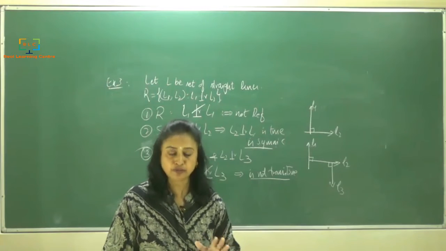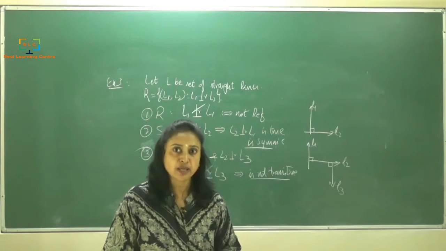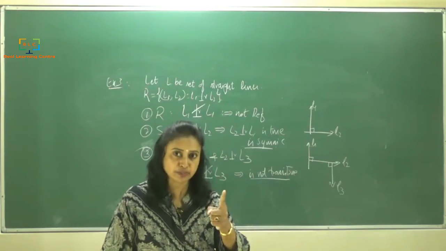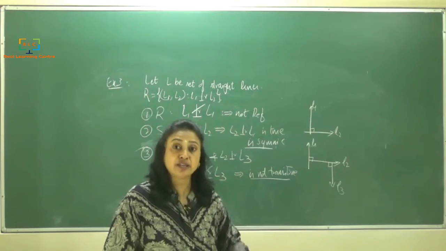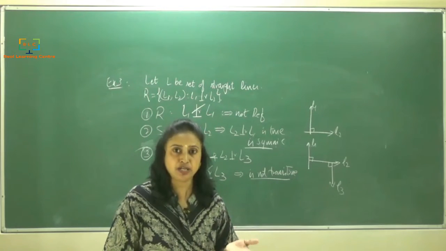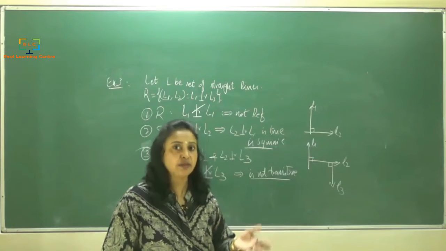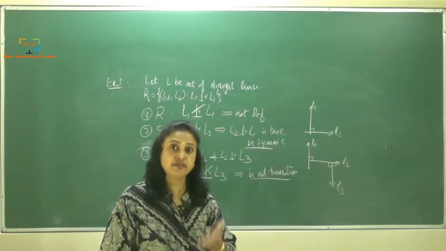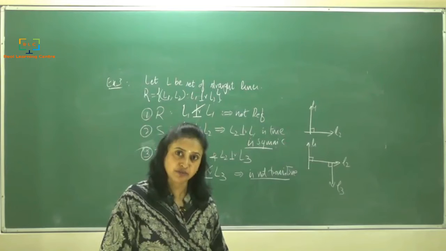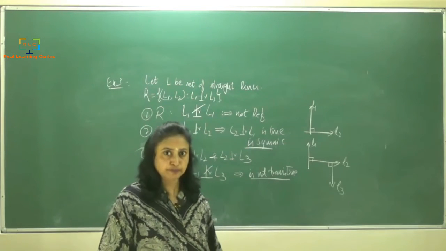So now I was getting into question number 10. I told you that it will be question number 1 sometimes for your PU board question paper, where they'll say give an example of a relation which is reflexive but neither symmetric nor transitive, or they may say which is reflexive and symmetric but not transitive. So you should be writing an example.